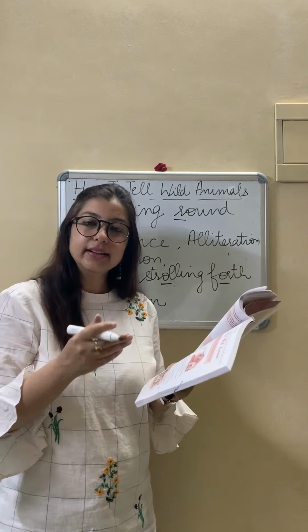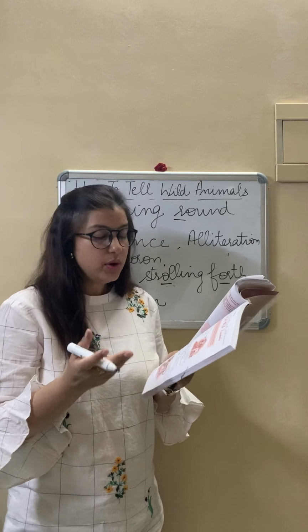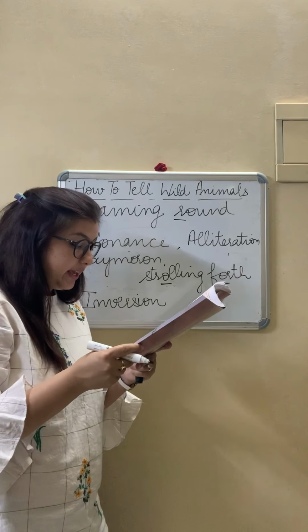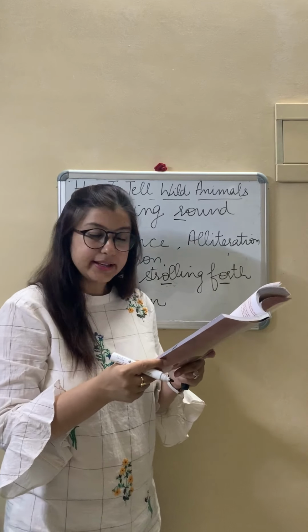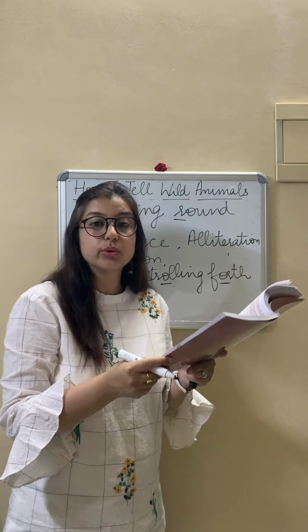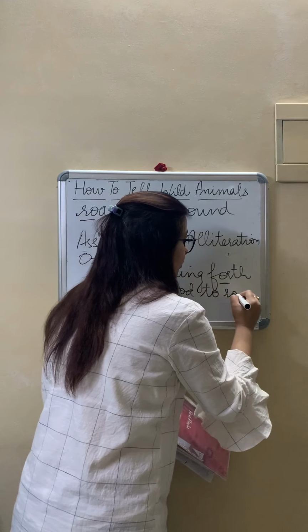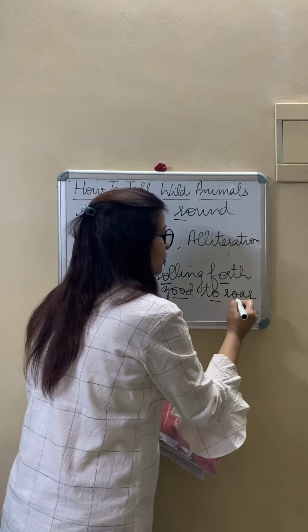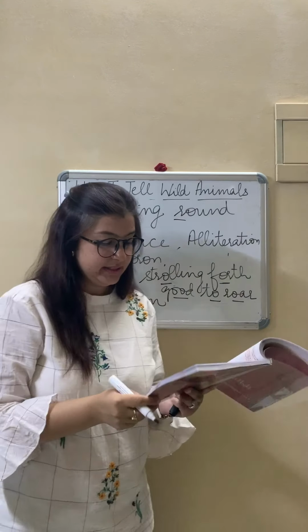Again, repetition of the beginning sound H. So alliteration. Then coming to the second last line, 'twill do no good to roar. Good to roar. Again, O sound repeated. Once again, assonance.